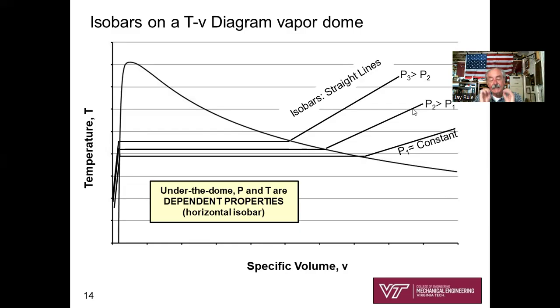And there are some really neat and subtle physical benefits to these pressure lines diverging as you go bigger in specific volume. I won't get into it. That's for another day, when you start studying the behavior of jet engines a little later in the course and also in graduate school. So anyway, the big takeaway here is that isobars on the TV vapor dome are basically straight lines that are diverging. Okay, big takeaway.